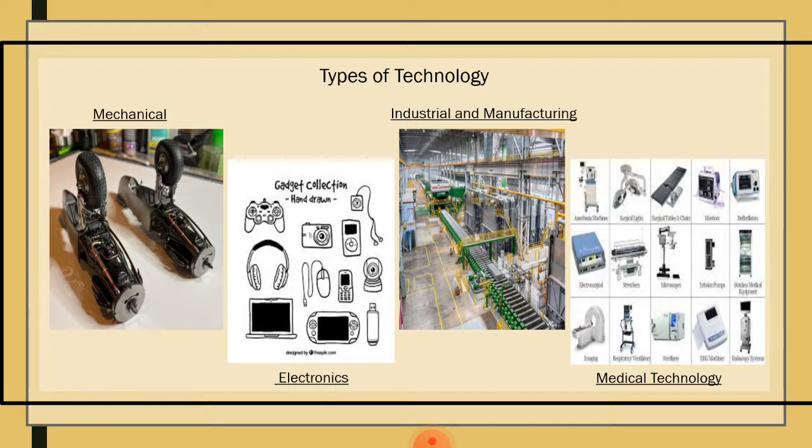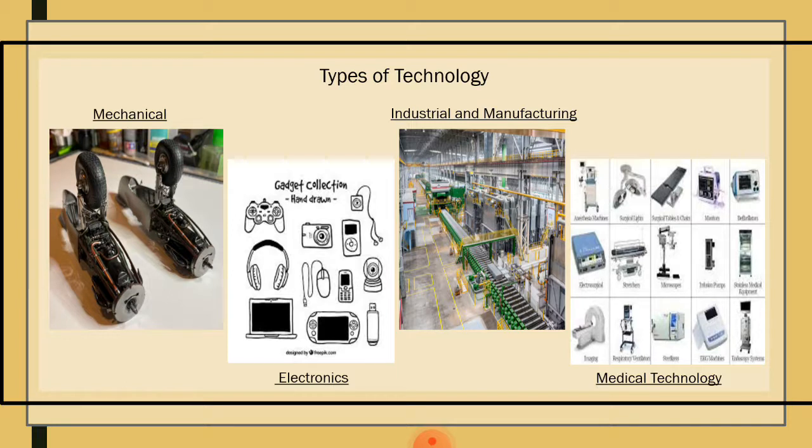Anything that runs on electricity is electronic. This includes computers, washing machines, dryers, MP3 players, televisions, anything you plug into the wall outlet is kind of electronic.